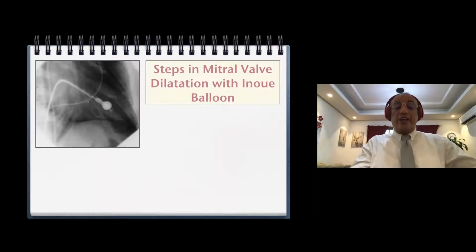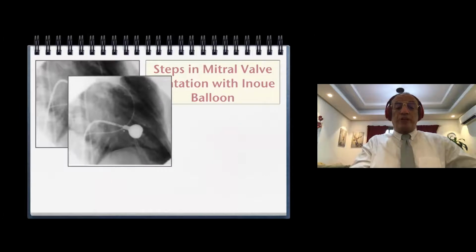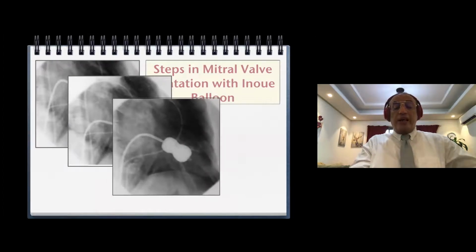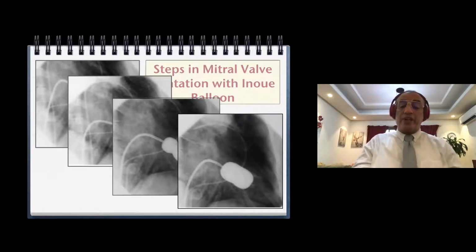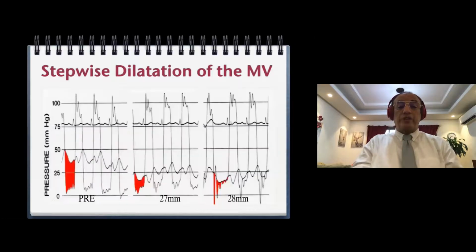You inflate the distal end in the LV first, then you pull the balloon to the orifice of the mitral valve, then you inflate the proximal part, and you can appreciate here the waist of the balloon inside the mitral valve orifice. Then full inflation until disappearance of the waist, which indicates commissural splitting and opening of the commissure, which indicates successful balloon dilatation.